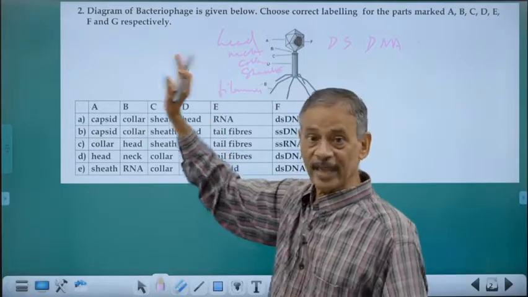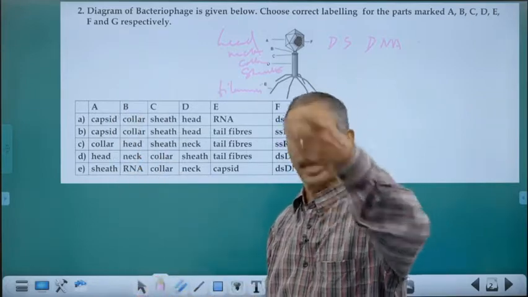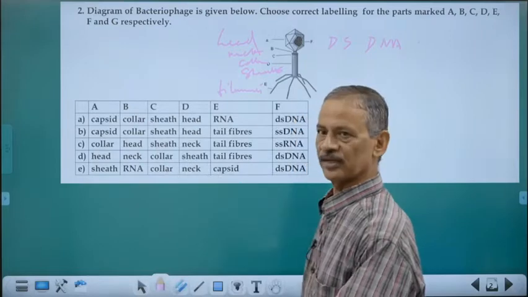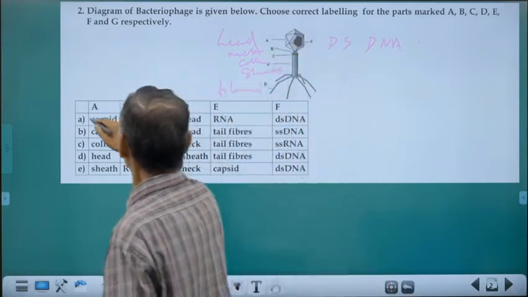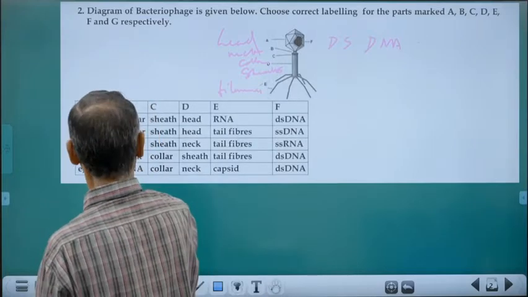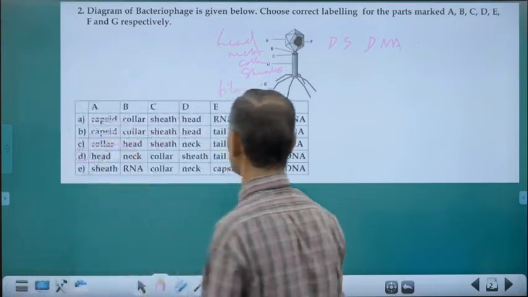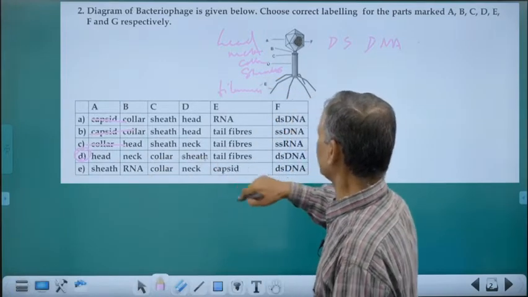So whenever a diagram question is given, you have to identify the parts labeled, then only go for the options. So head, neck, like that. We eliminated this, then this is the correct one. So the answer goes to head, neck, collar, sheath.